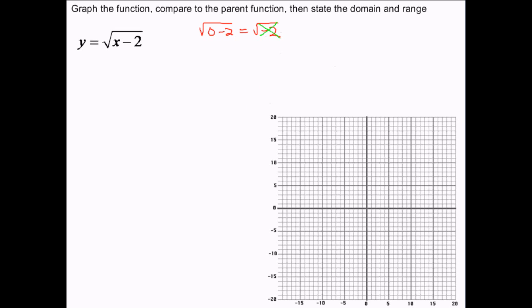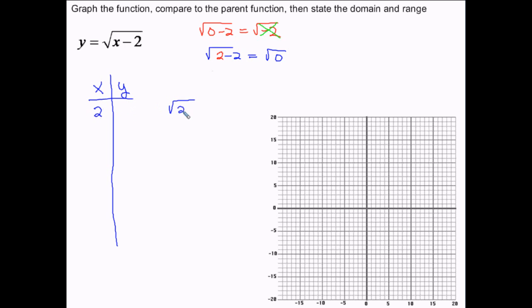So what I have to do is find out what to plug in here to get that perfect square of 0. And the thing that I want to plug in is 2. So when I make my x and y chart, my t-table, I need to be really cautious of that because I don't want to give myself numbers that I can't use. So my first x is not going to be 0, my first x is going to be 2.